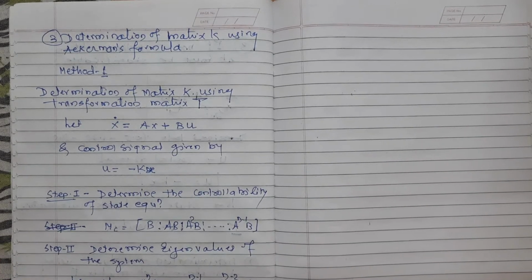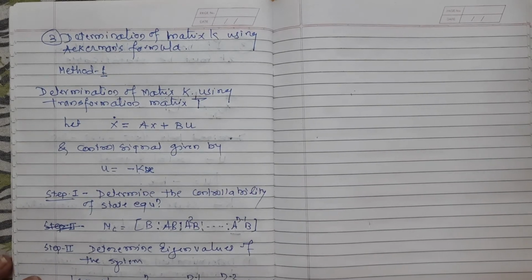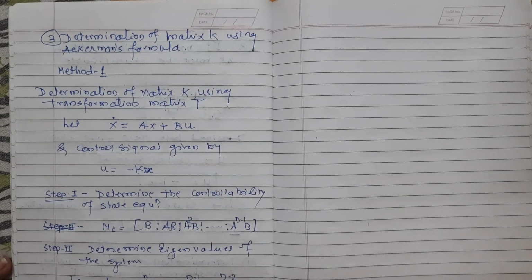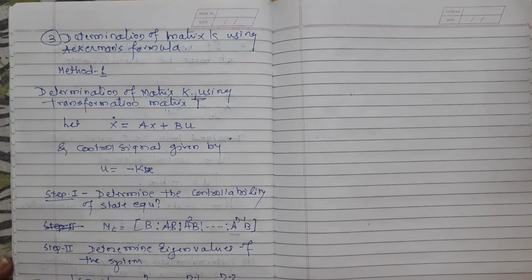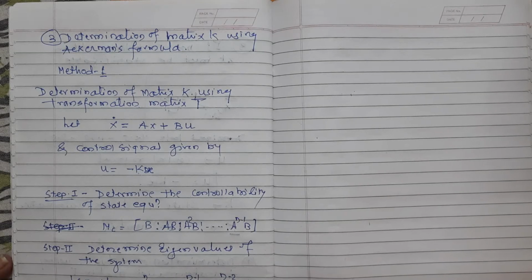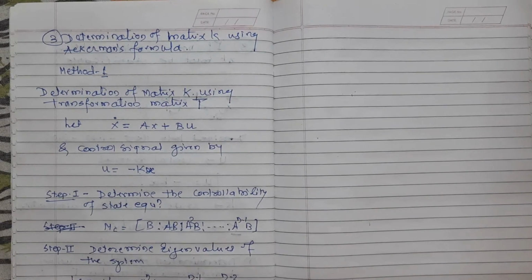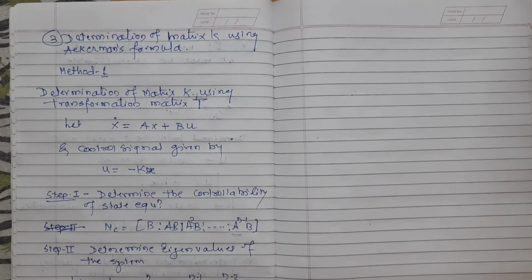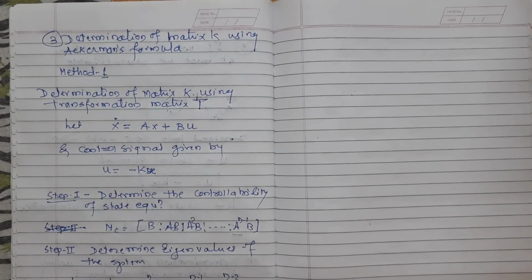Now here we will find sI minus A. I is the identity matrix, so we get this equation for sI minus A. We will find the determinant of it, and we will have this equation in terms of s, and the coefficients are a1, a2 and so on.